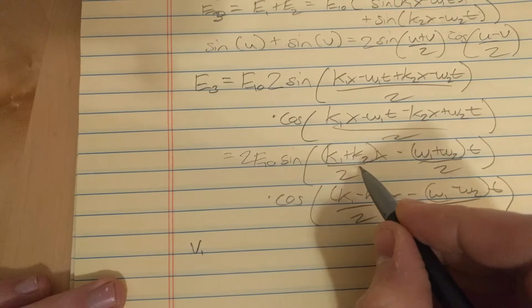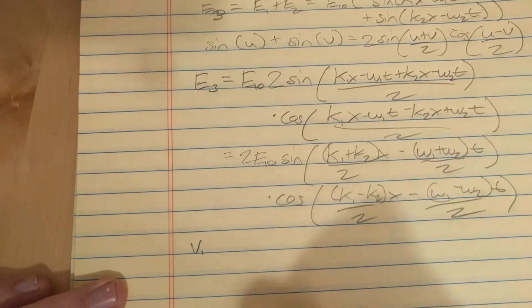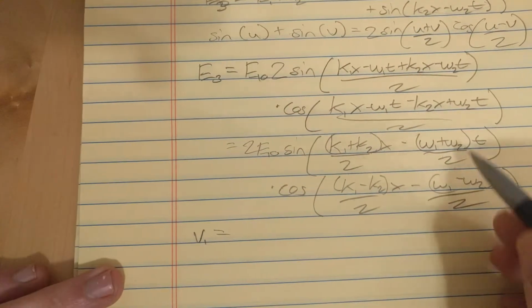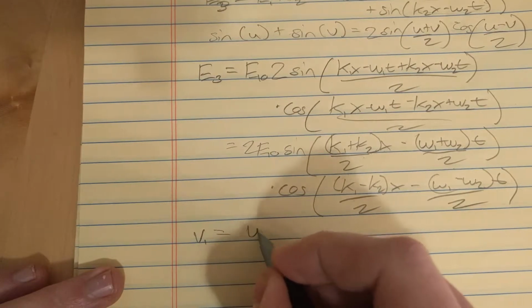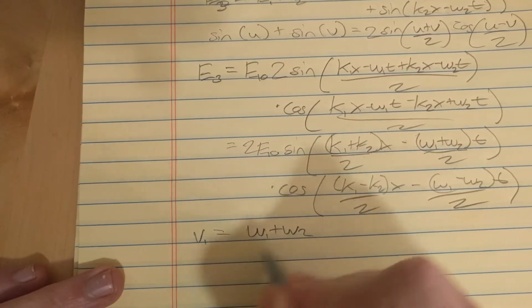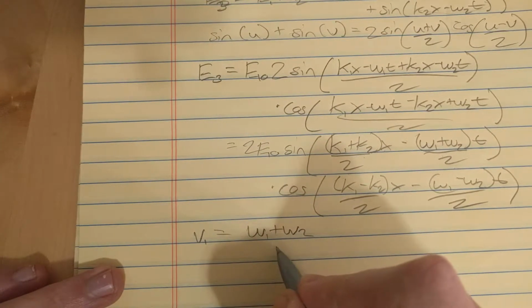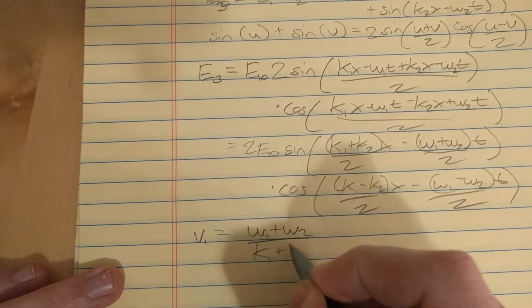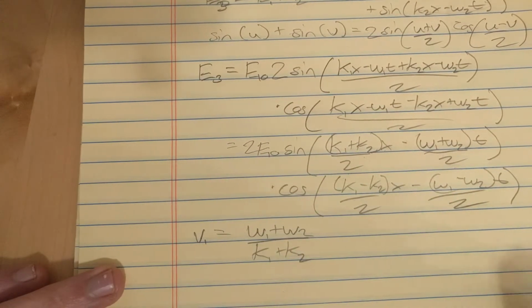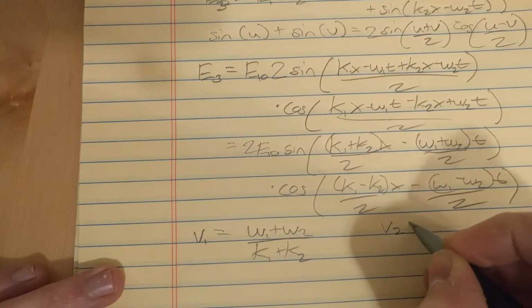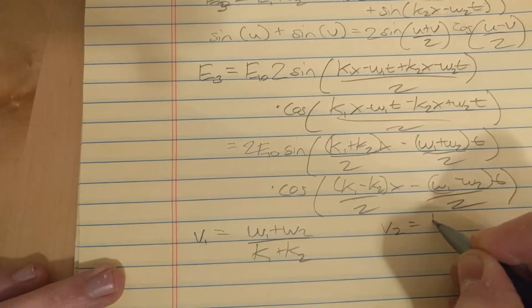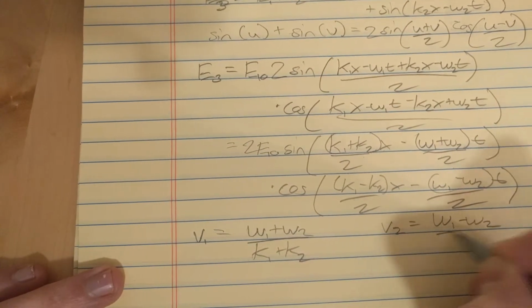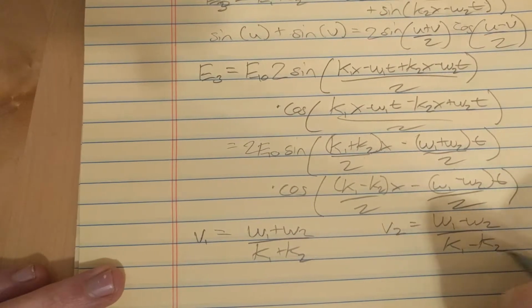One of the velocities, the 2's are going to cancel, so I'm going to ignore those. One of the velocities is omega 1 plus omega 2 over k1 plus k2. Another velocity, v2, is omega 1 minus omega 2 over k1 minus k2.